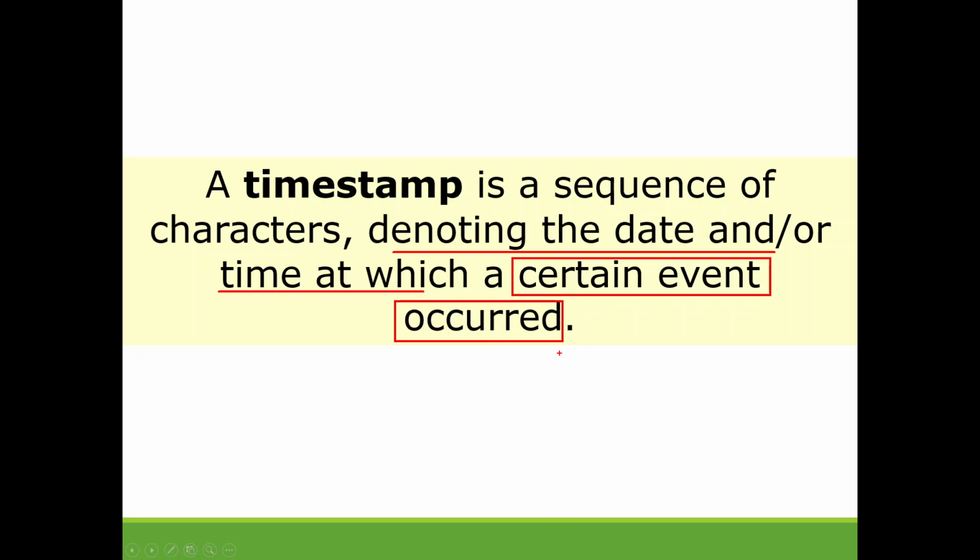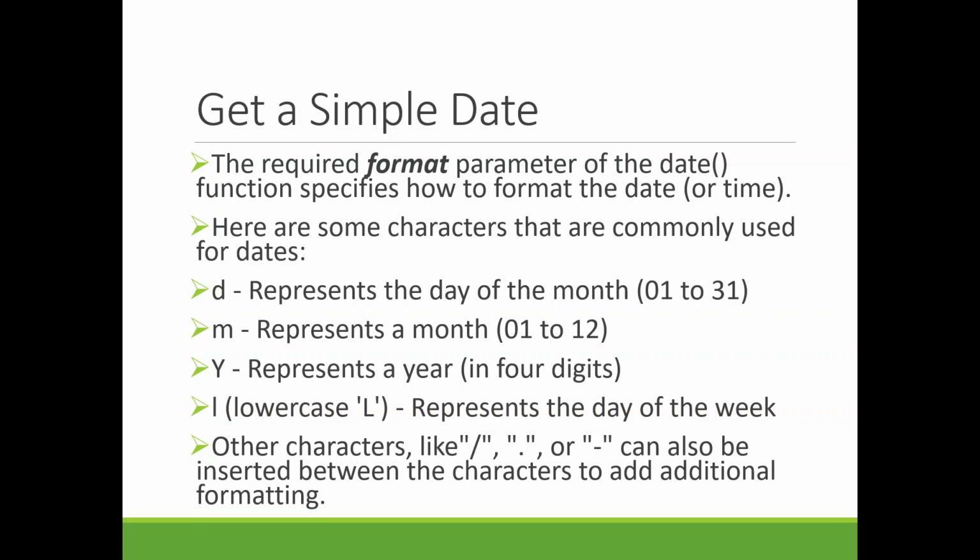So time is important so that we can be able to keep a log for that particular individual. So let's see, how do we get a simple date? Now, how to do that is that we have to specify the format parameter by using the date function. So that date function will specify how to format that particular date or time.